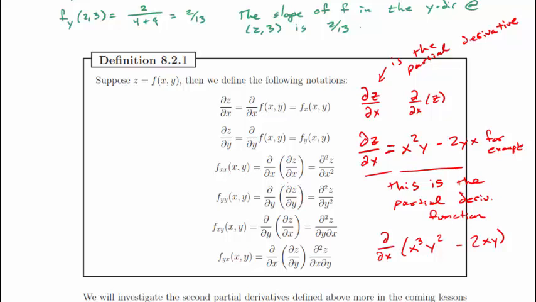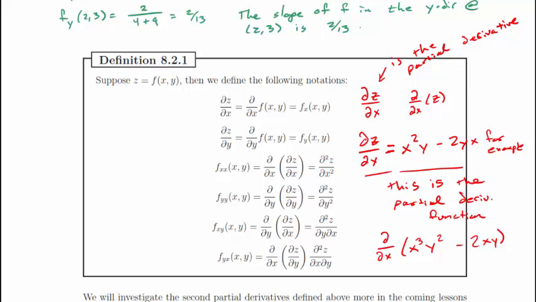The first two are pretty easy to understand. We're taking the partial derivative of our function f with respect to x twice. So we take the partial once, we get the partial of z with respect to x, and then we take the partial derivative of that with respect to x, which means we get the second partial derivative of z with respect to x squared.